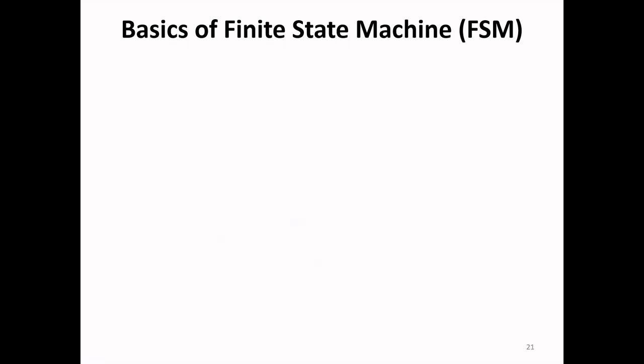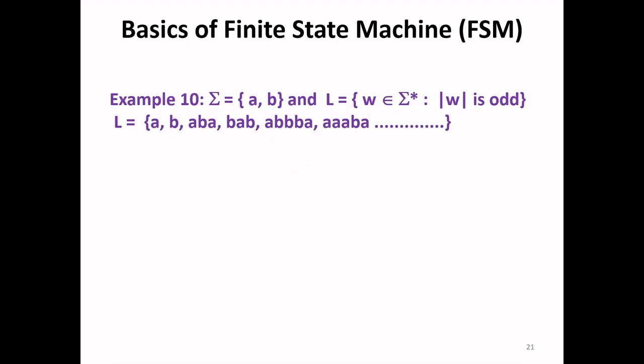Similarly, let us see how to design an FSM for the language containing all possible strings of odd length. Possible strings in this language are A, B of length 1, then strings of combinations of A and B of length 3, of length 5, and so on.